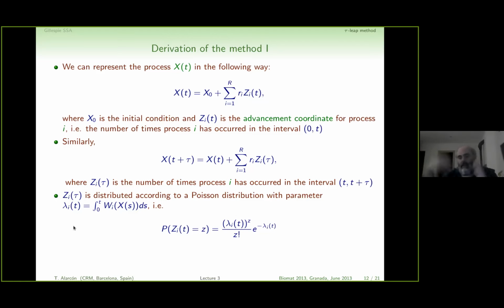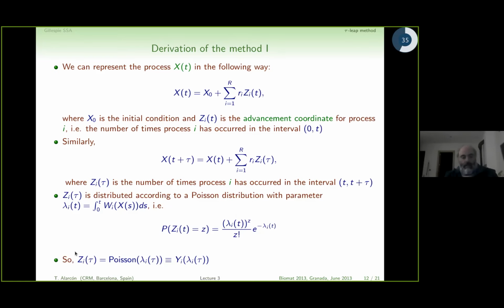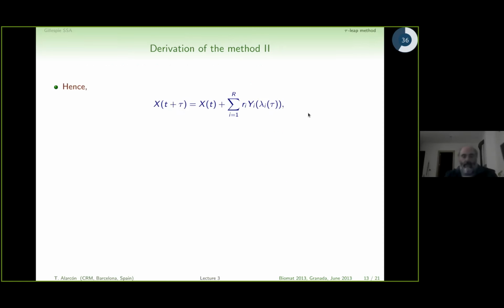It's something that depends on the state of the system. So now, to make it explicit that this Poisson distribution depends on time, we are going to use this notation here. So we can write this equation in this way.